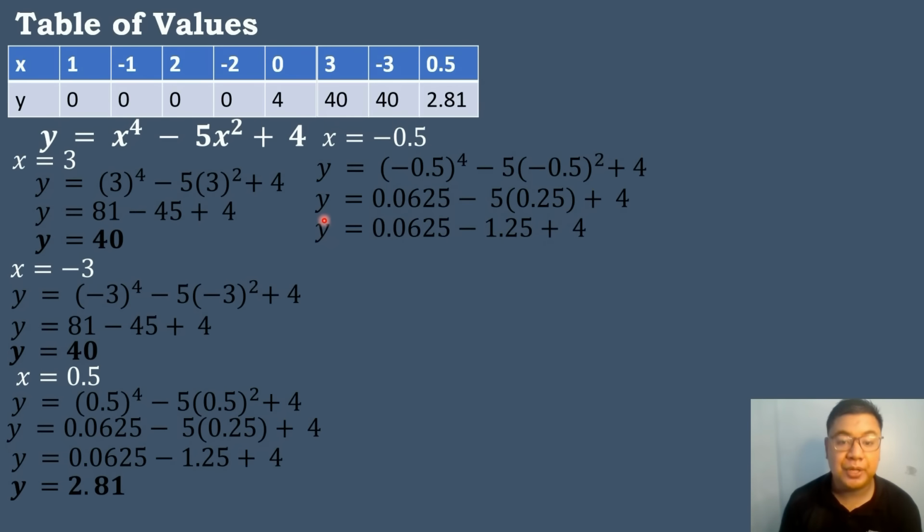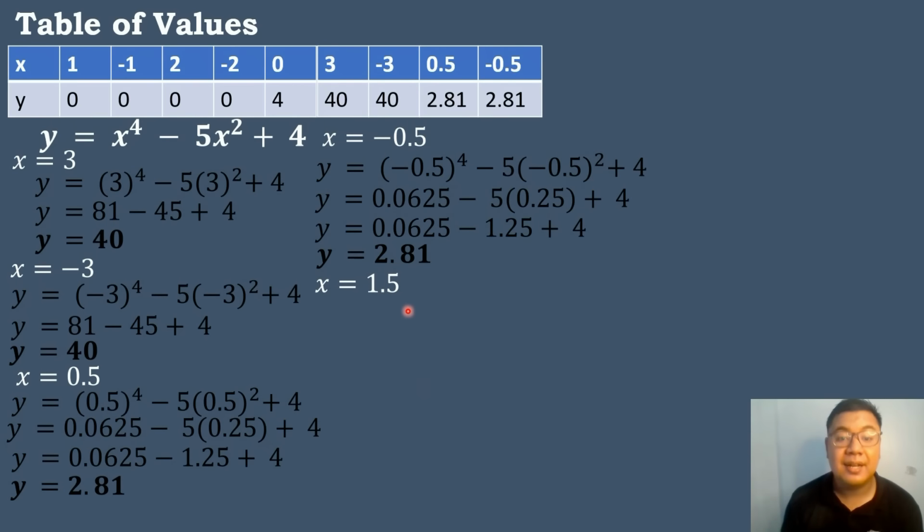Negative 5 times 0.25 is negative 1.25 plus 4. And then 0.0625 minus 1.25 plus 4 is equal to 2.81. So if x is equal to negative 0.5, then the value of y is equal to 2.81. So we have (-0.5, 2.81).